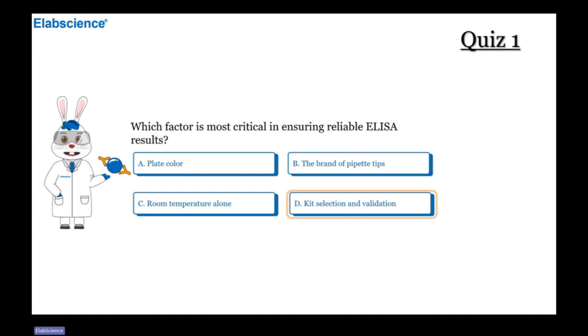Ask your manufacturer or supplier whether they have validated this kit for this particular sample. Because if the manufacturer has already done the validation, it will be very easy for you to find the right quantifiable data.